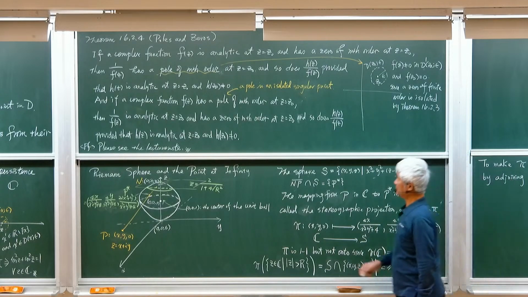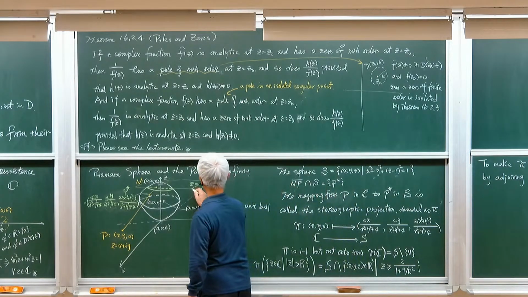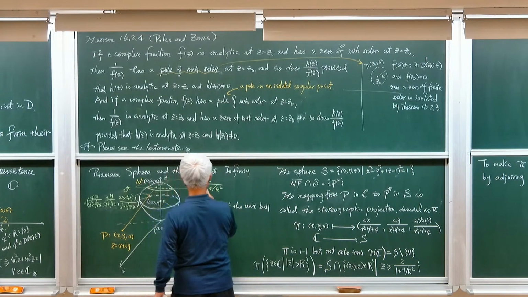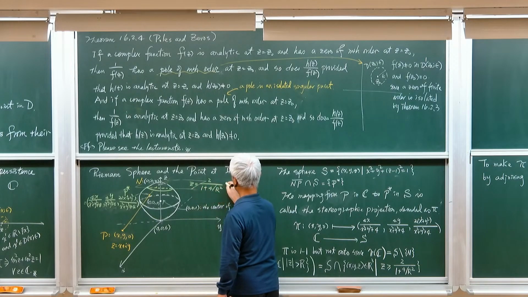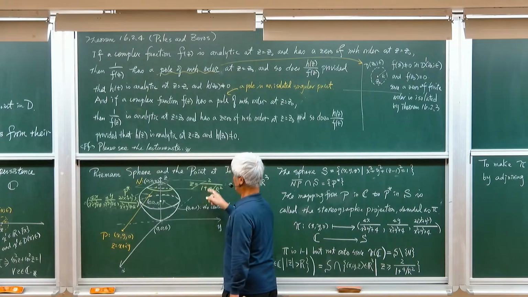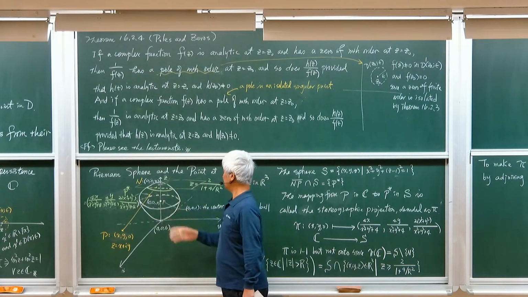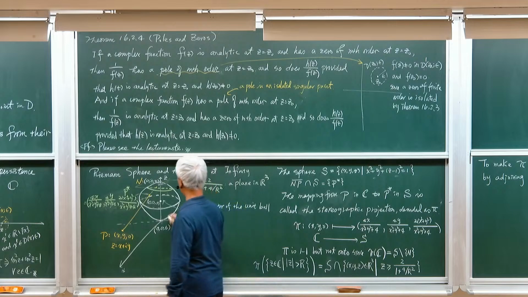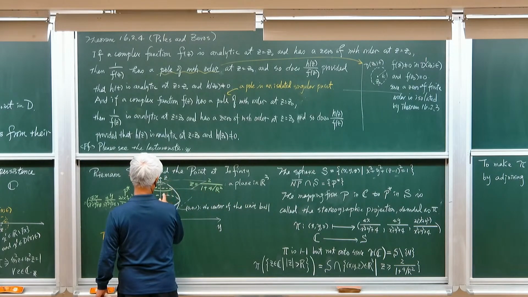So it will be cut by a plane in R3, and the plane will cut through the point here.